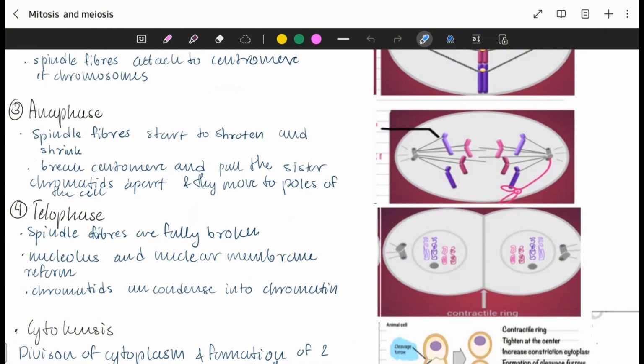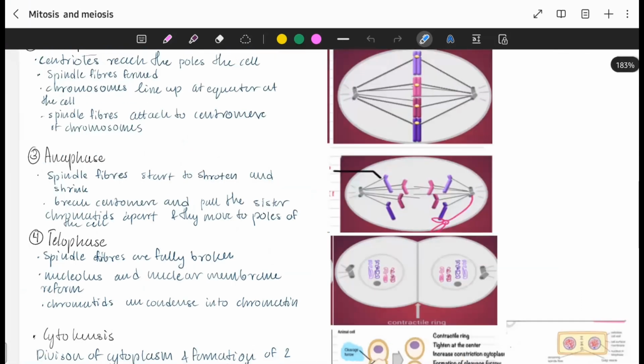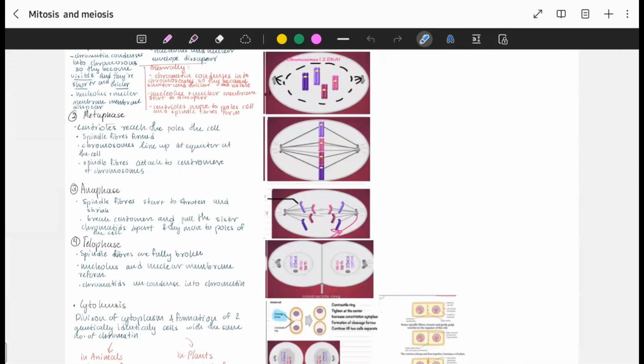So prophase and telophase are kind of opposite: whatever got broken down or changed will be returned to its normal state. At prophase, the nucleolus and nuclear membrane broke, and now they reform in telophase. The chromatin formed chromosomes, and now the chromosomes change back into chromatin.